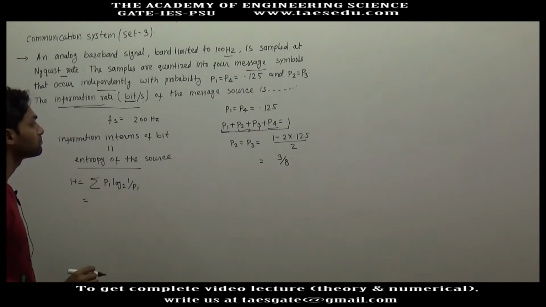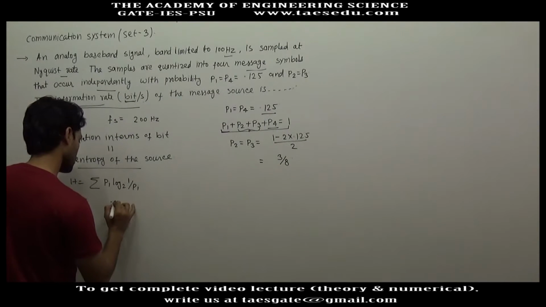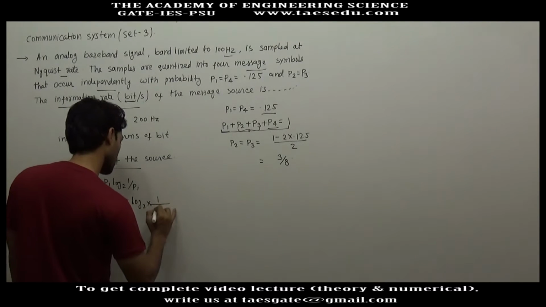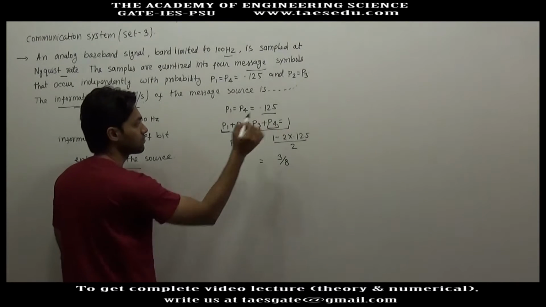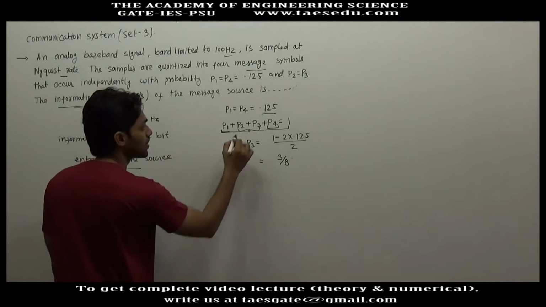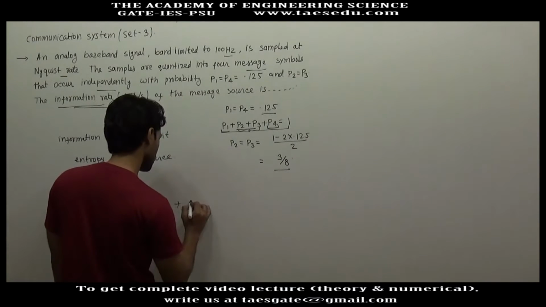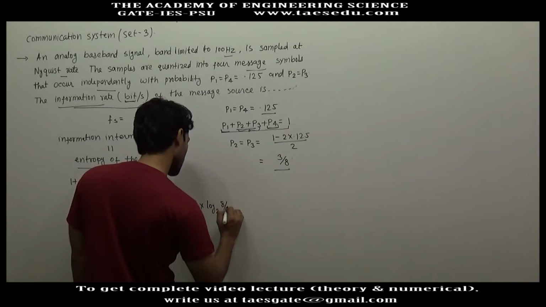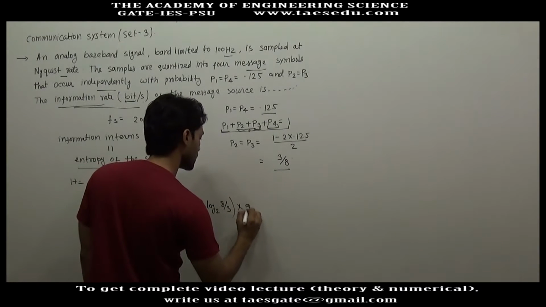So this will be, first, the probability 0.125 times log base 2 of 1 divided by 0.125, and P4 is the same, so we multiply it by 2. Plus, for P2 and P3 the probability is 3 by 8, so 3 by 8 times log base 2 of 8 by 3, and the same is the case for P3, so we multiply it by 2.